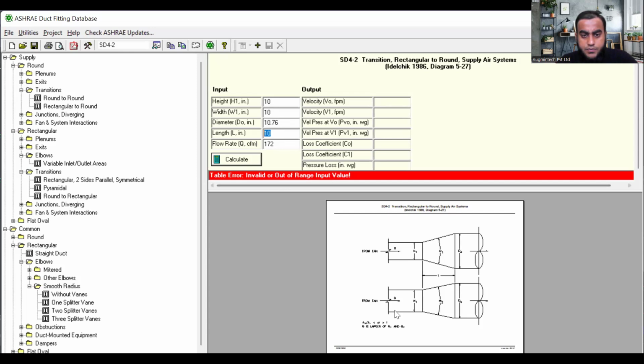Everything we have done as per. So why is it showing invalid? Suppose if I increase this one as 12 inch by 12, will they give you the value? No. Out of range.